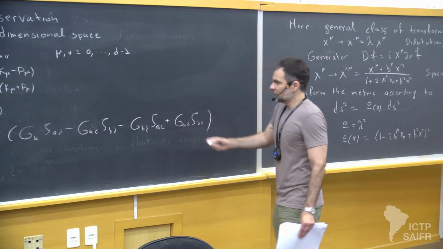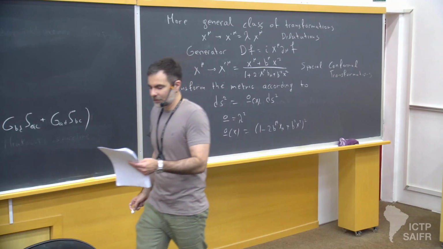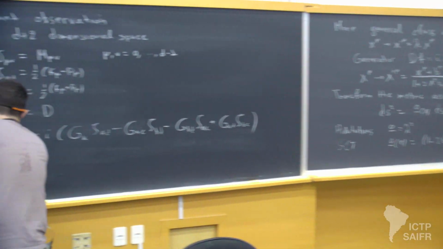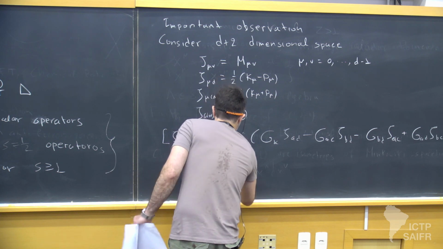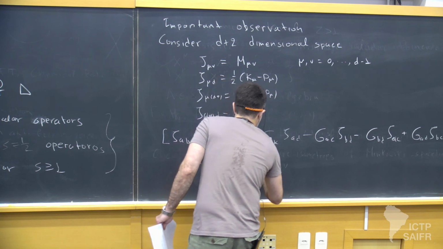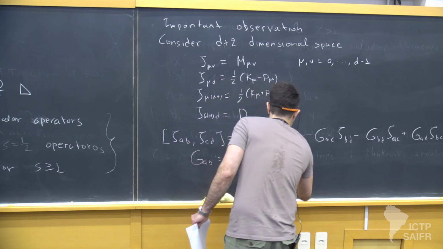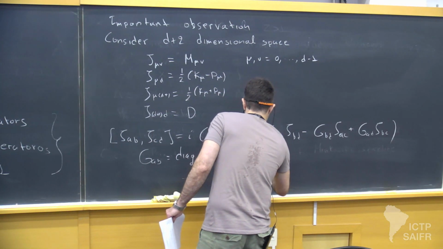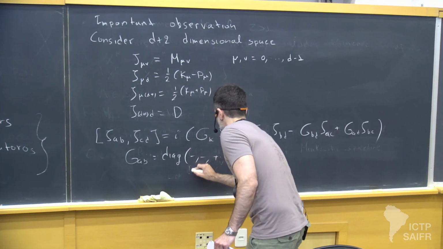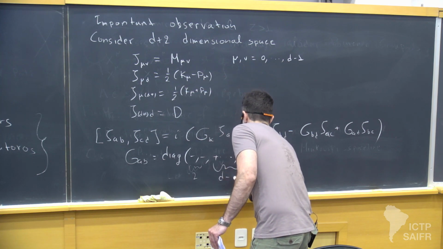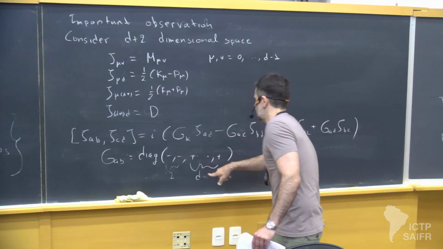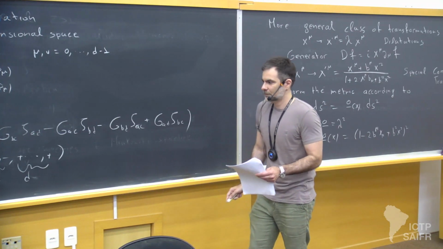These are exactly the commutators that you would have. And also what you find is that G_AB is the diagonal matrix with a couple of minuses and then all pluses. So you have a couple of minuses here and another D pluses.